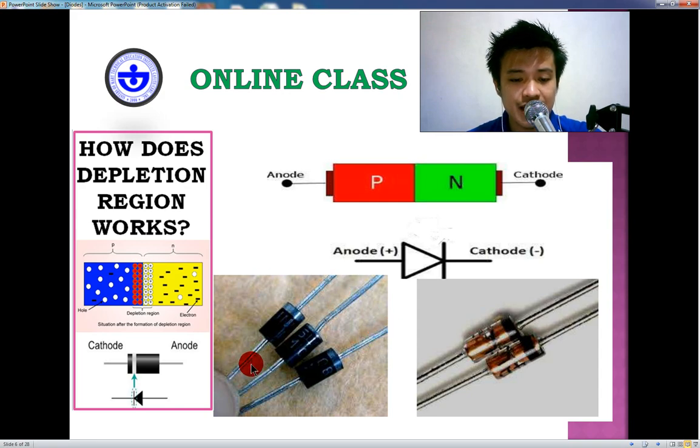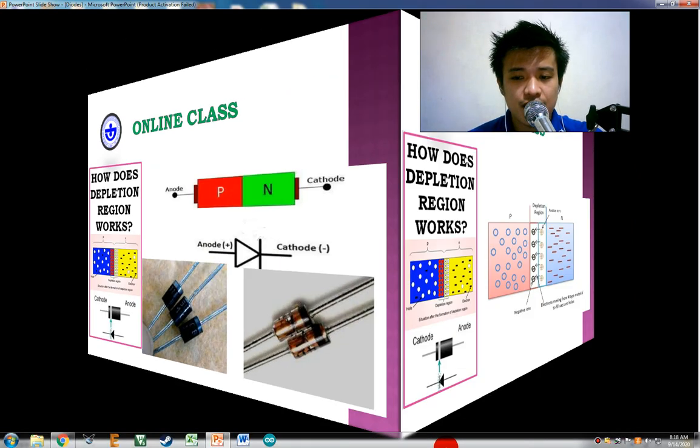The opposite side, which has no coated part, is the anode of your diode. In this other picture we have an example of a Zener diode. In a Zener diode there is a black color on its side. The part with the black color is considered the cathode, and the opposite side would be the anode. So this part is our negative terminal of this diode, and the other part would be the positive. Okay, so let's continue.